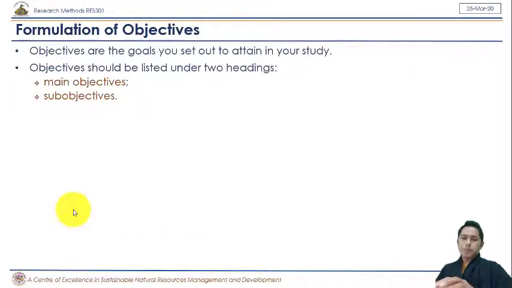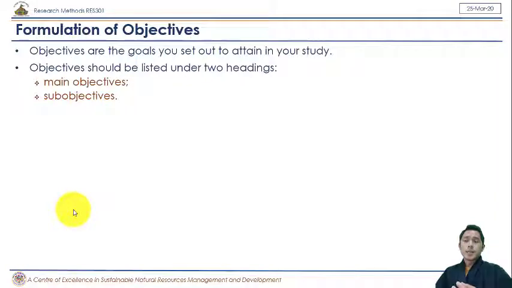Objectives are basically the goals that we set for our research to attain, and these are one of the most read parts of any thesis, any proposal, any research. So it's very important for you to write it in a very clear manner with very good wording.